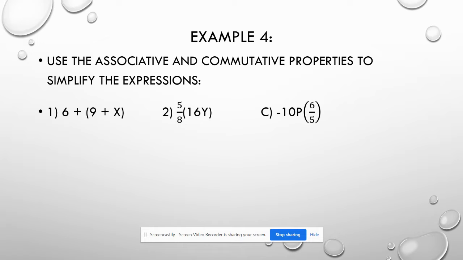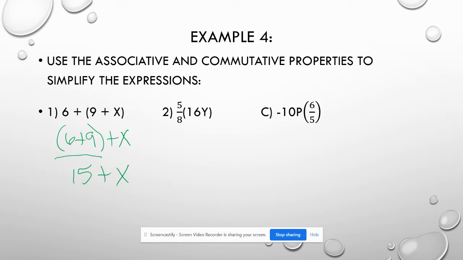Example 4. We can rewrite this first problem using the associative property to be 6 plus 9 plus x. 6 plus 9 is 15, and so that would be simplified form.